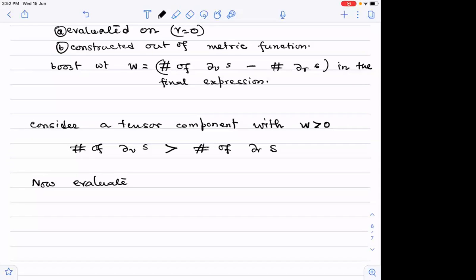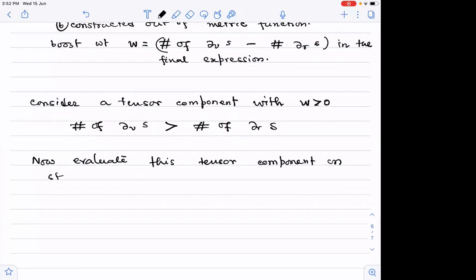Now, to speed up a bit, let us evaluate this tensor component on a stationary metric.